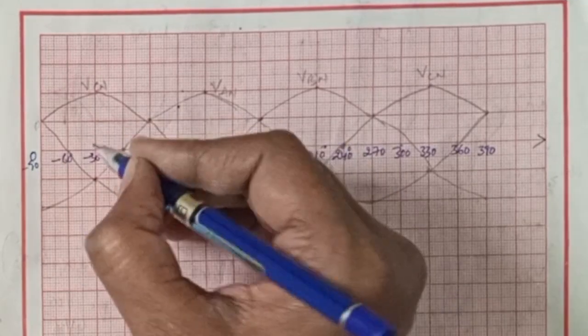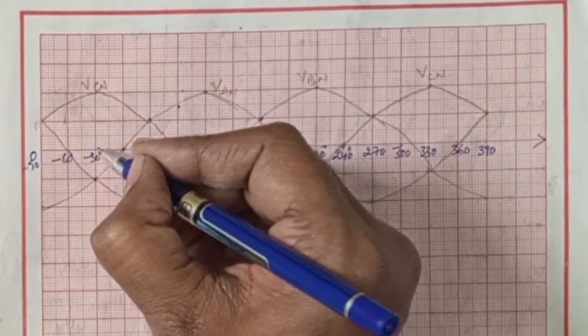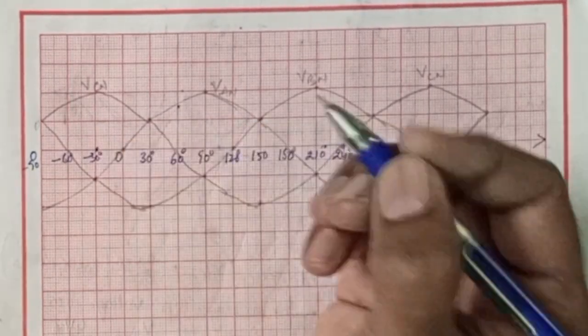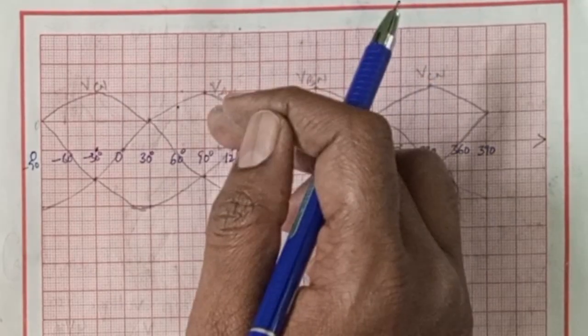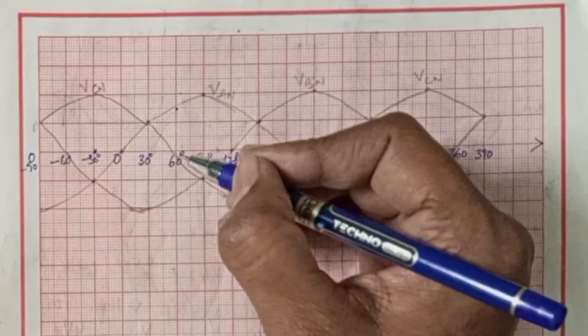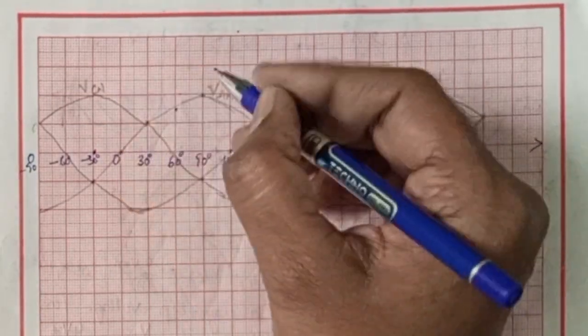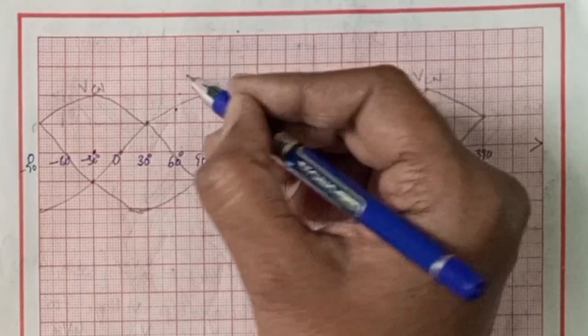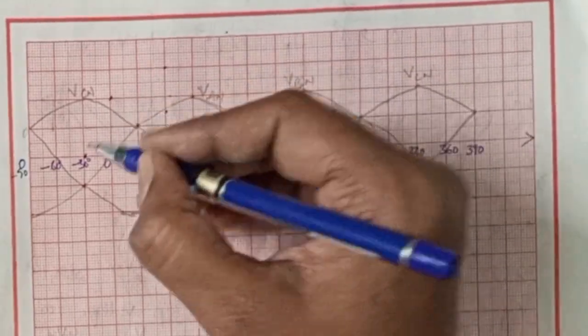VAB is going to be sine omega t plus pi by 6, which starts at minus 30 degrees. The magnitude of this one is root 2 times, that one is root 6 times, which is nothing but 1.732 times more than the maximum value of this. So I'm just drawing it larger than this.